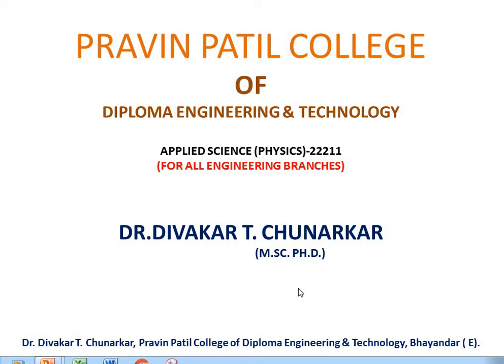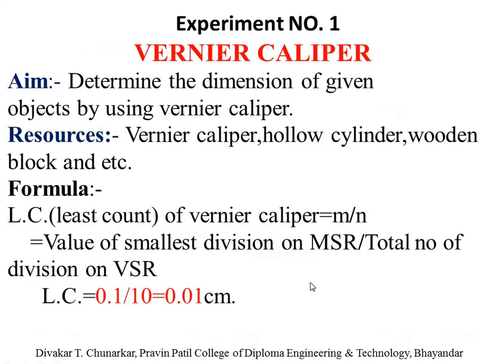This 12 experiment is well known, or we have to complete for 300 marks, because each experiment consists of 25 marks. Keep in your mind. So, our first experiment, vernier caliper.